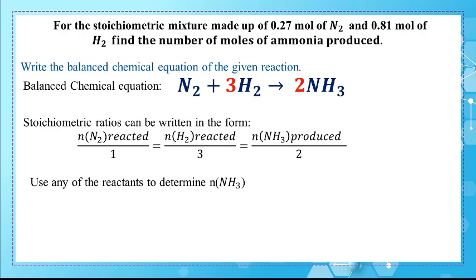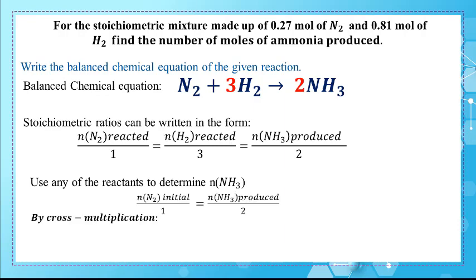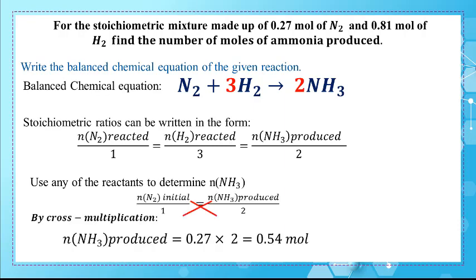Use the ratio of any of the reactants to determine the number of moles of NH3 produced. By cross multiplication, the number of moles of NH3 produced equals 0.27 times 2 equals 0.54 moles.